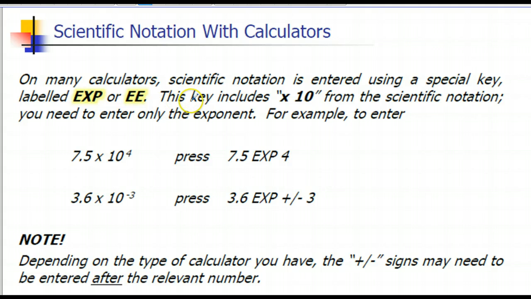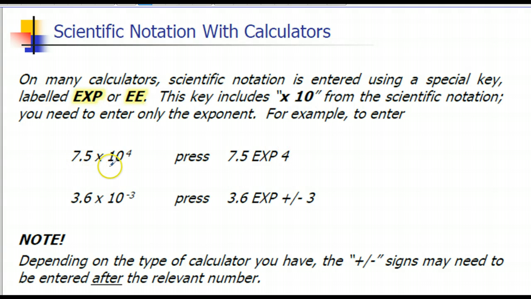Because scientific notation always involves times 10 to the exponent of something, when you hit this key, that's what it enters for you. It's entering times 10 to the exponent of. So you just hit that key, and then all you have to do is enter your exponent after.